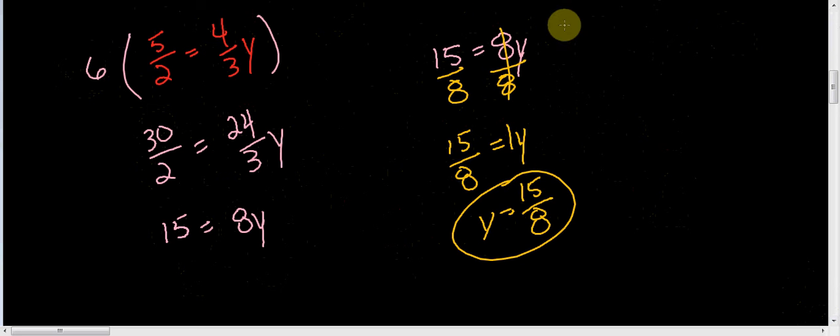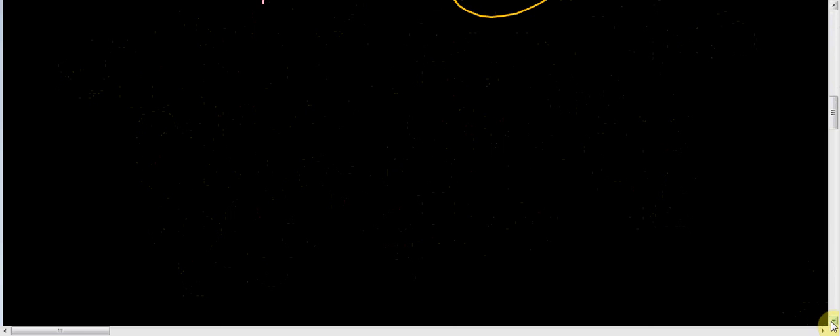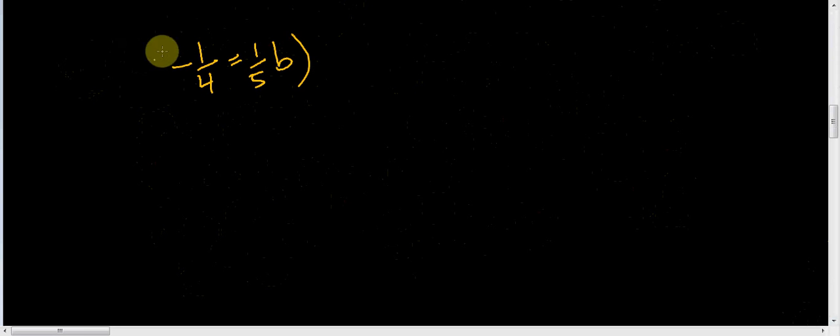We'll do one more problem here. Let's see. Alright, so we have negative 1/4 is equal to 1 over 5b. And we're going to multiply by the LCM of 4 and 5, which would be 20.